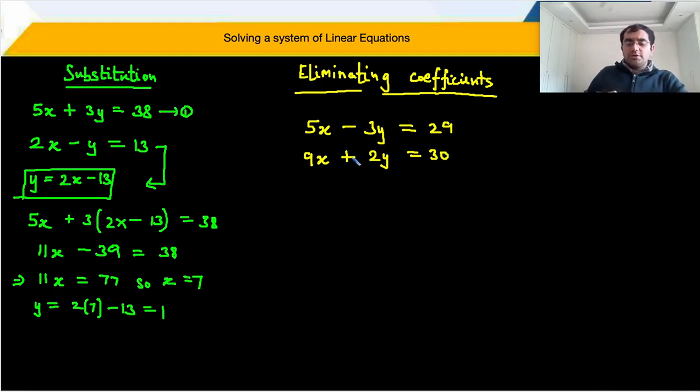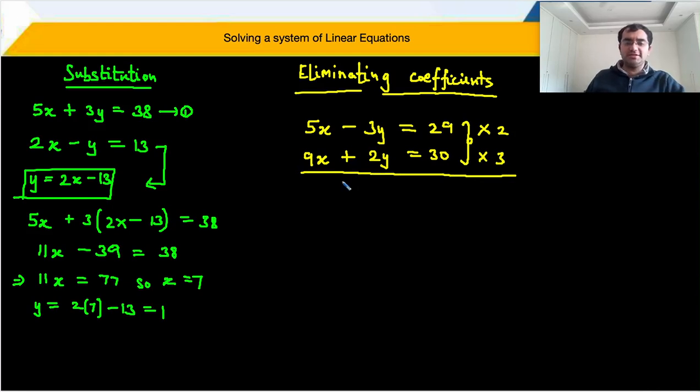Okay. So now what you can see is when I want to eliminate coefficients, I will check whether adding or subtracting the equations eliminates any variable, but that is not happening. So now I will make the coefficient of either x or y the same, it's your choice. Let us choose the coefficient of y. The coefficients of y are 3 and 2, so we will make both of them 6. To make 3 into 6, multiply by 2, and to make 2 into 6, multiply by 3.